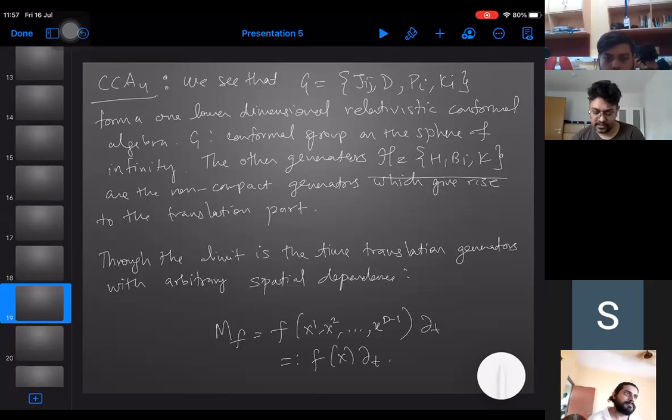Here your f of x is some arbitrary polynomial of degree alpha, valued in the space of tensors transforming under SO(d-1) generated by the Jij.